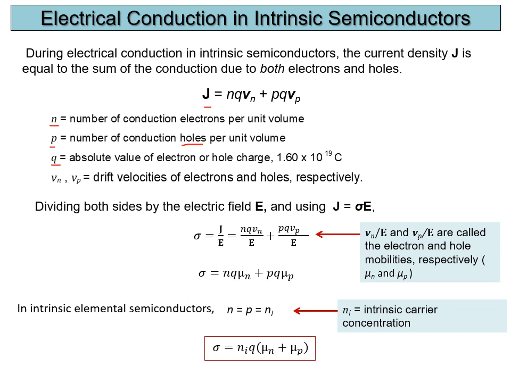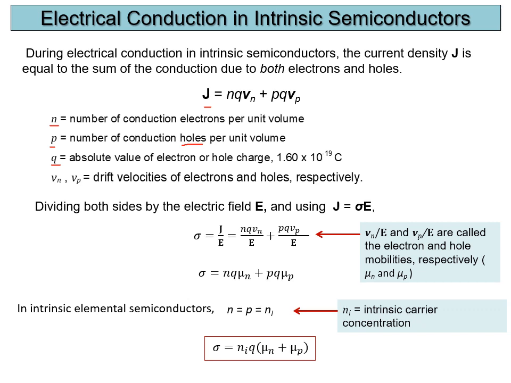Dividing both sides by the electric field E and using J equals sigma E, we can have this kind of equation. So electrical conductivity sigma equals current density over electric field.